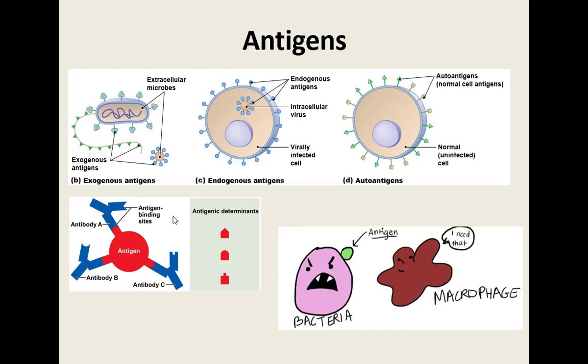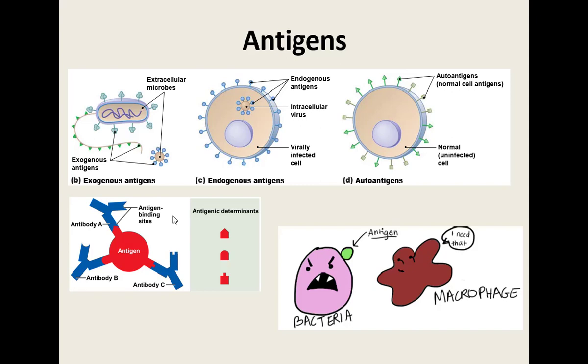Autoantigens. The word auto means self. If you drive an automatic car, it shifts by itself. Auto means self, and so autoantigens are self-antigens. These are things on the outside of our cells that our immune system should recognize as normal. Should, unless you have immune system disorders. So these are structures on the outside of our normal cells that the immune system should recognize as normal.